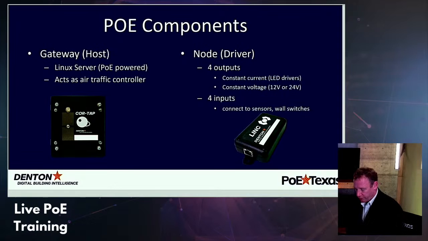So one of the things that I like is for this gateway to kind of map to the human geography. By that, I mean, I think it makes most sense to have a gateway per suite or per floor or per building if it's small enough. There's no technical limit to the number of drivers or devices you can attach to this gateway, but just from a human perspective, I like to see 1 of these per floor or per suite.